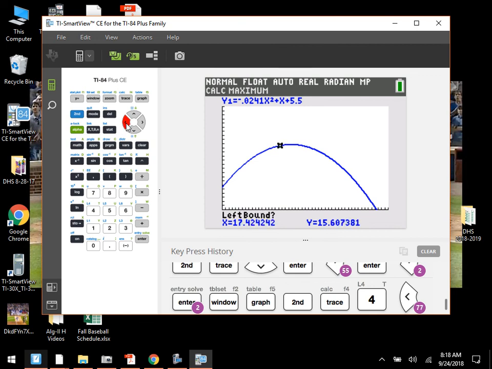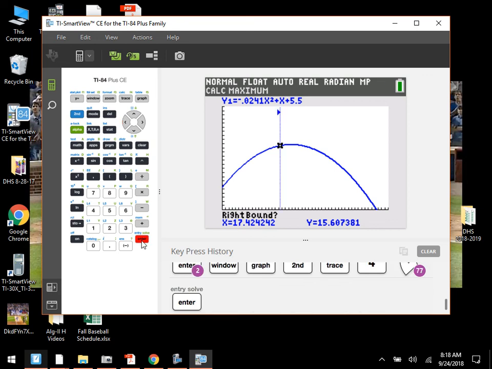For a left-hand and a right-hand boundary, I'm going to be to the left of where I think the curve hits the top. I'm going to hit enter. And then I'm going to go to the right of the curve where I think it hits the top, and hit enter.